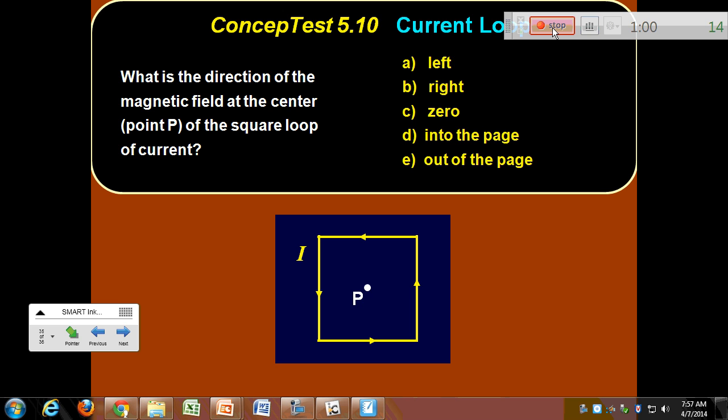All right, about 10 more seconds. 5 more seconds. Stop at 110.